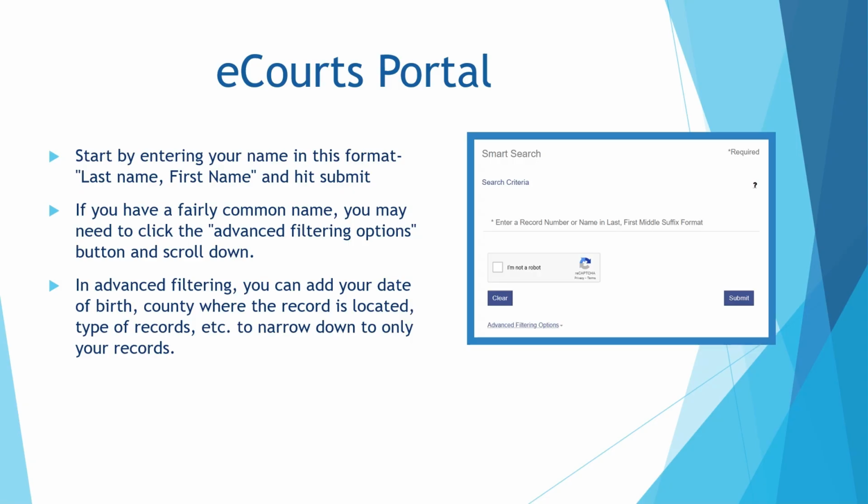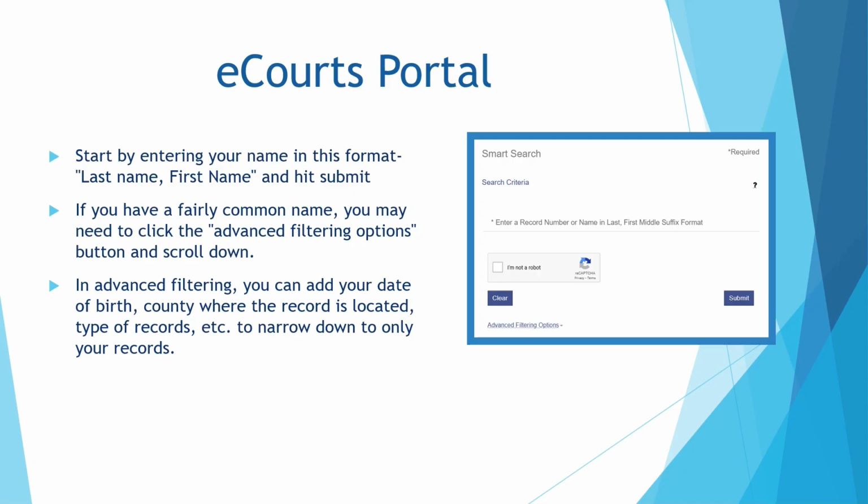If you've got a fairly unique name and you don't have many records to sort through, that should be good enough. You should be able to find all your records, but you may have to do a little more work if you've got a pretty common name.